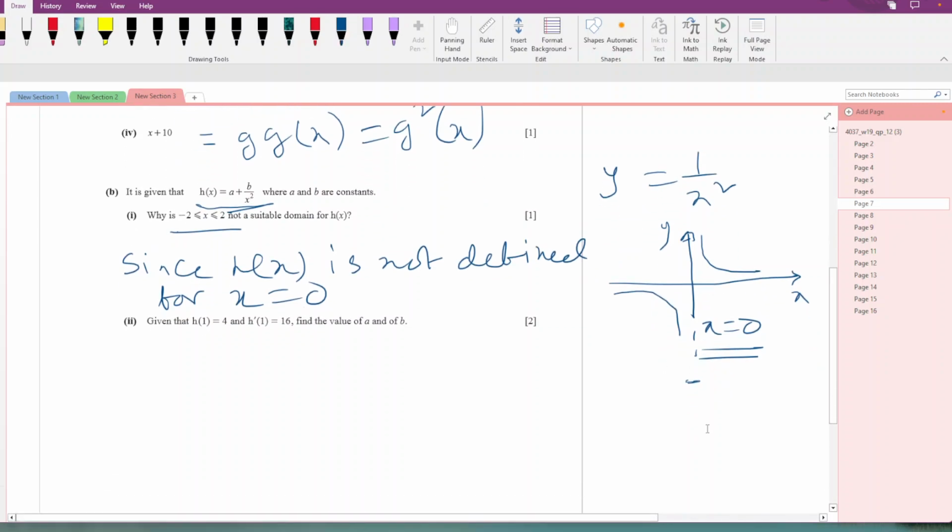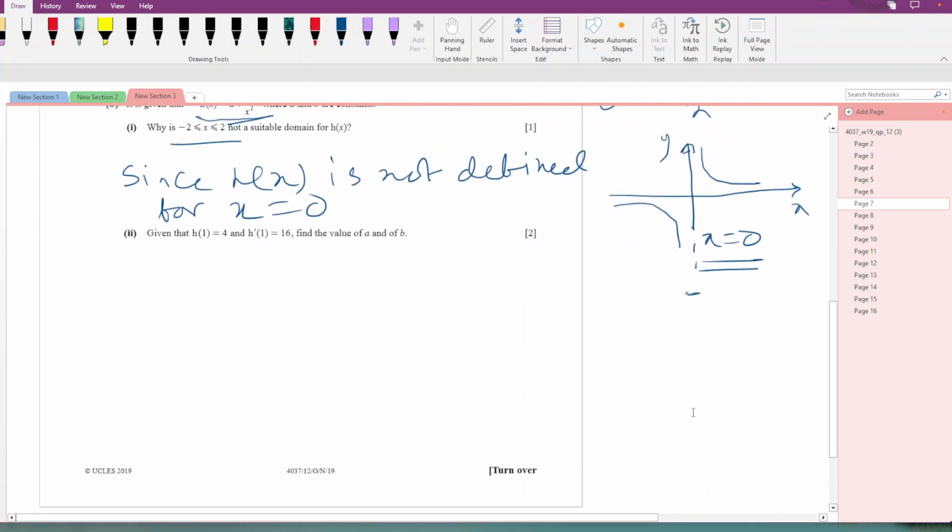And now question 2. Given that h1 equals to 4 and h prime 1 equals to 16, find the value of a and of b.